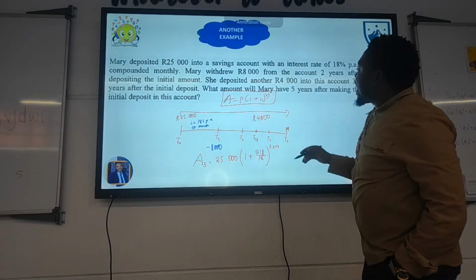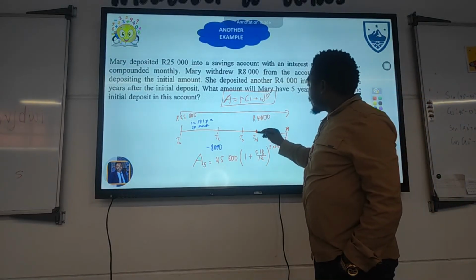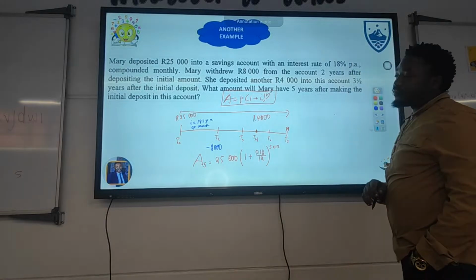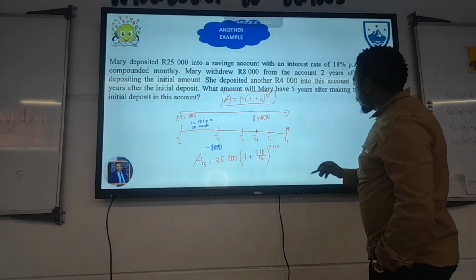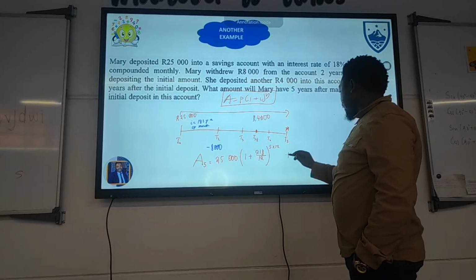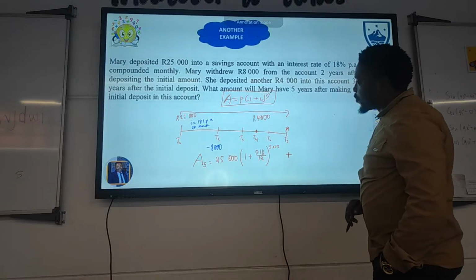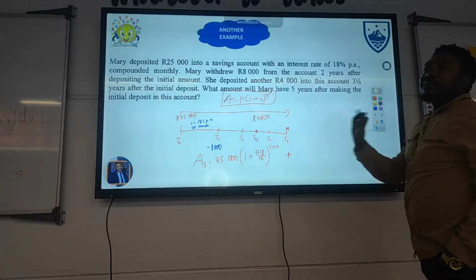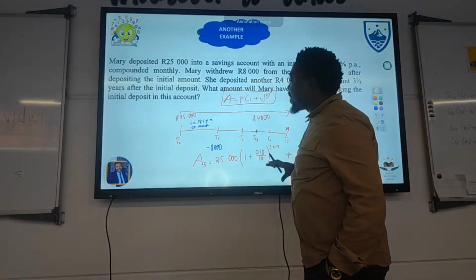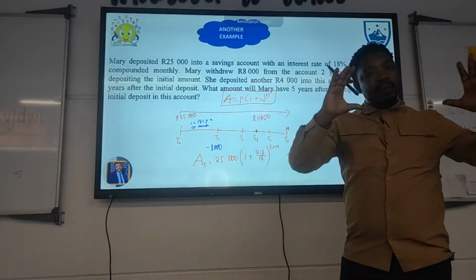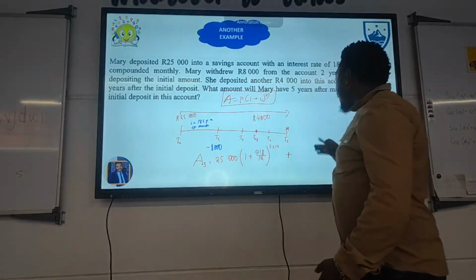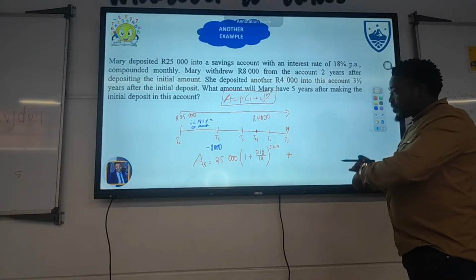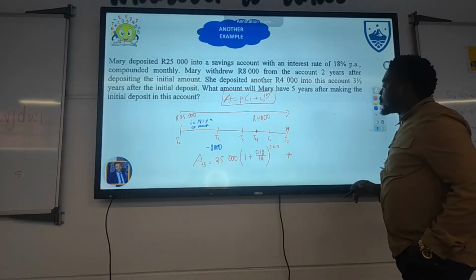Now we have another deposit. So once you have another deposit, you add. Withdrawal, you subtract. If it's the same amount, just different interest, keep opening the interest bracket. Keep opening the interest bracket, and then you will reduce the number of mistakes that you're going to make.